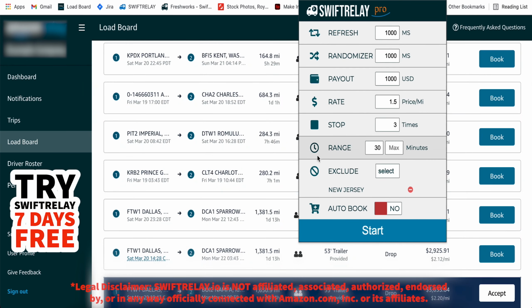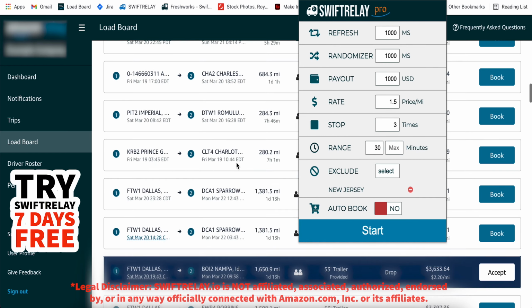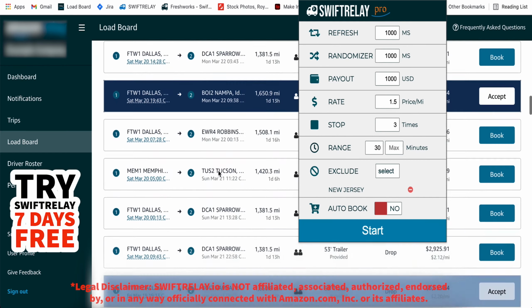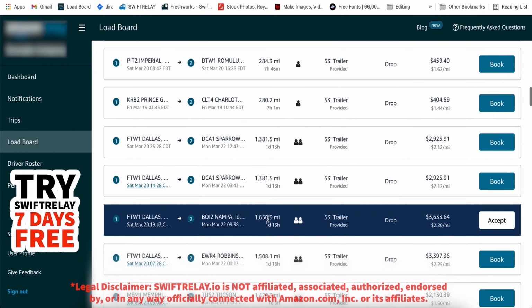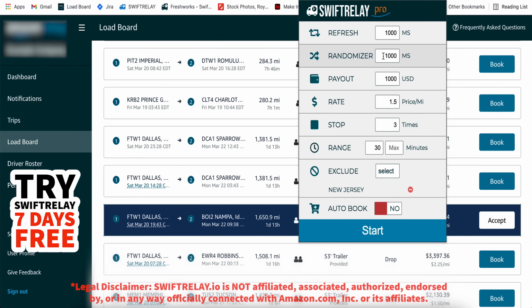As you see, it refreshed once, and now it is suggesting that the best looking load is right here. As you see here, you asked for $1,000 payout, but again, that is a minimum, or at least $1,000.